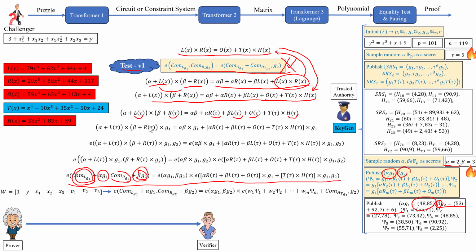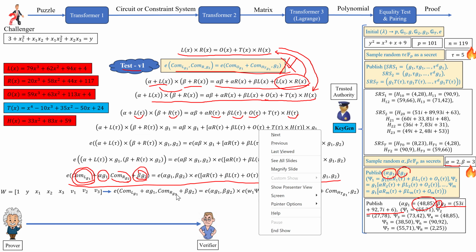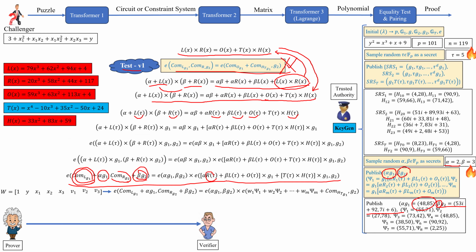For the right side, we have these values, R of tau, L of tau, O of tau, and then if we consider the vector witness, we can replace these values by public parameters.